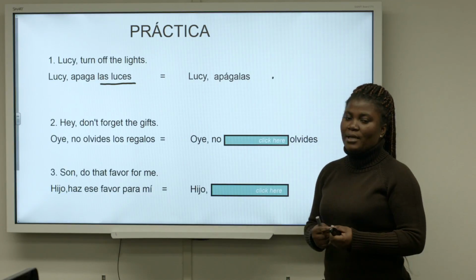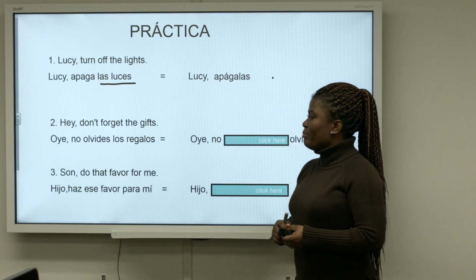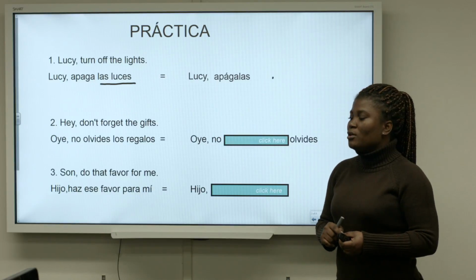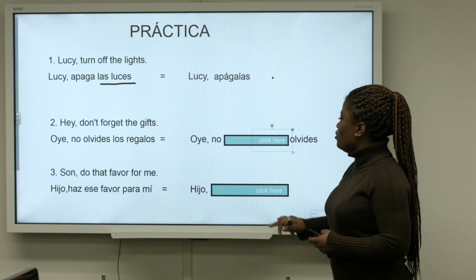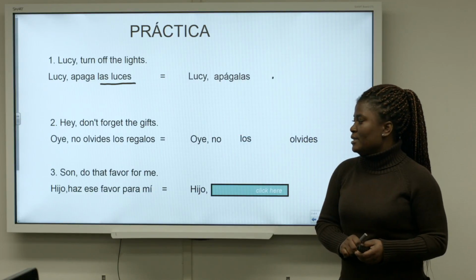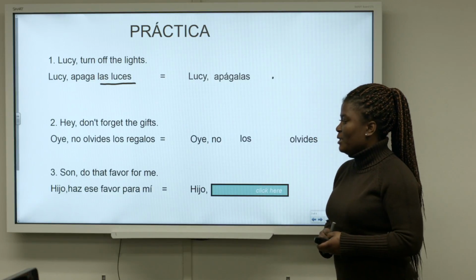Los regalos here would be our direct object, and it would be replaced with the pronoun los because it's masculine and plural. So, oye, no los olvides.